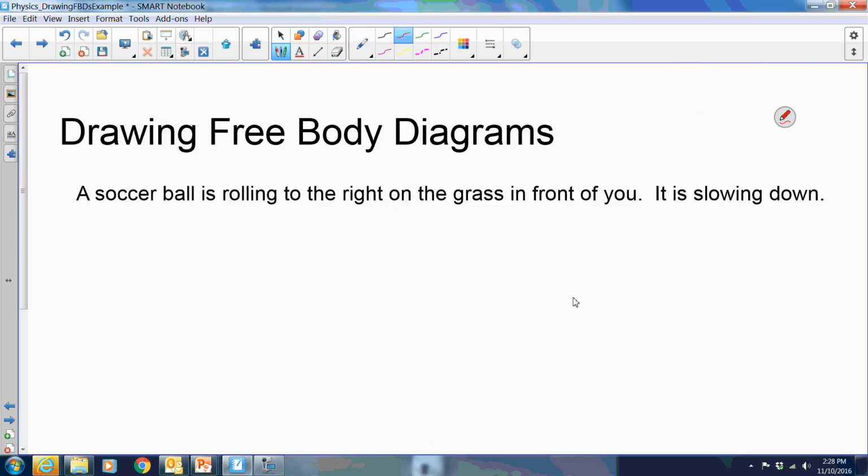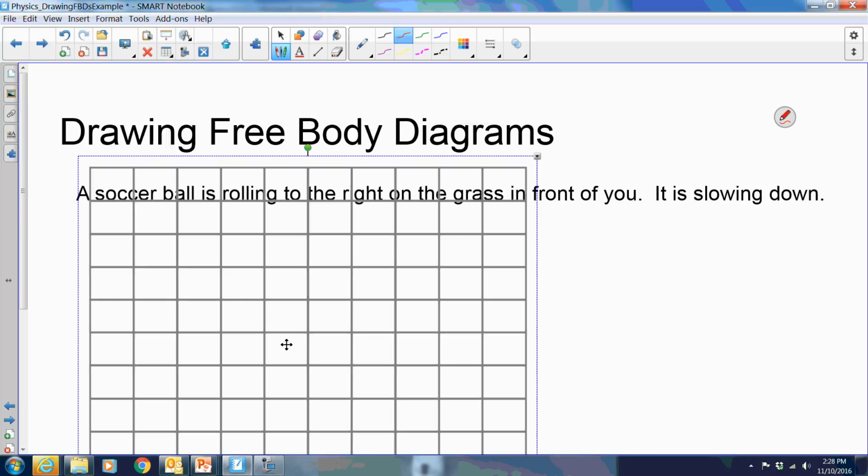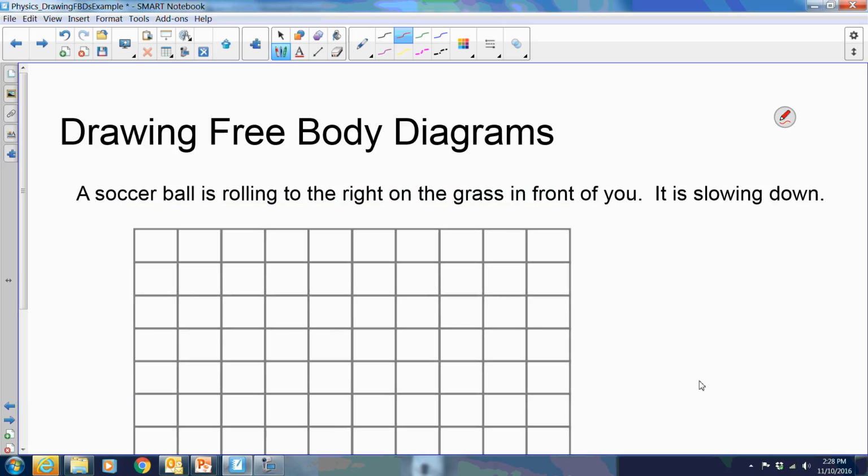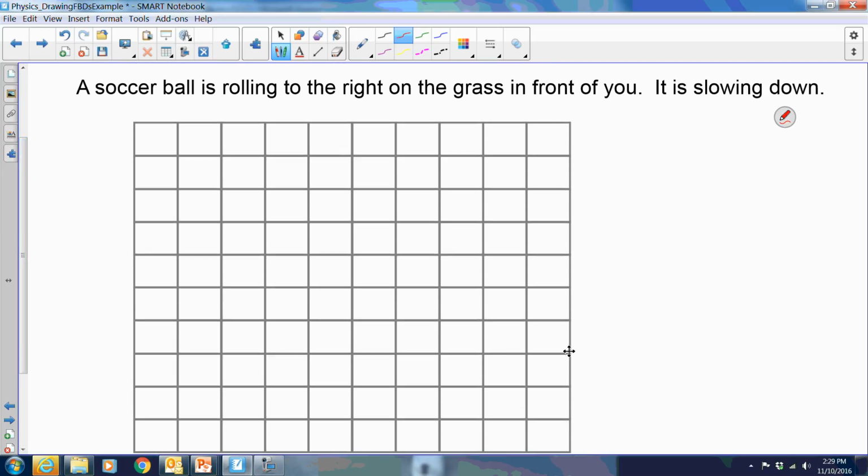Okay, so let's imagine that a soccer ball is rolling to the right on the grass in front of you, and it's slowing down. So if I get my grid here, well, it's rolling to the right, okay? But it doesn't say anywhere that any soccer player is touching it. It's also really important to notice that it's slowing down.